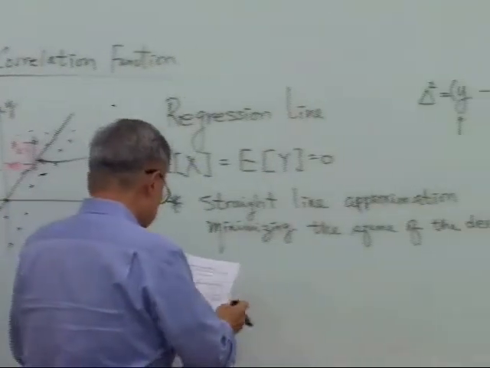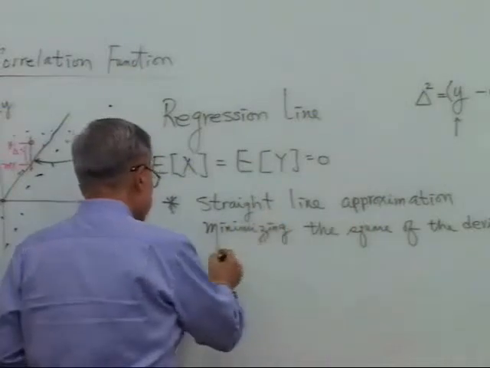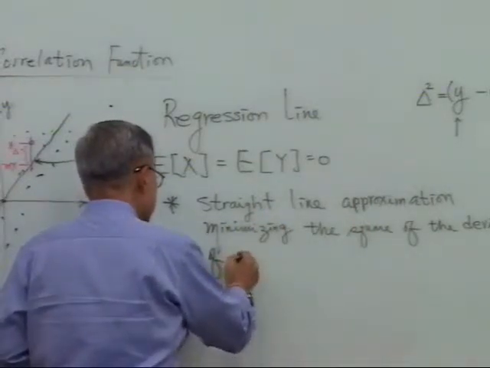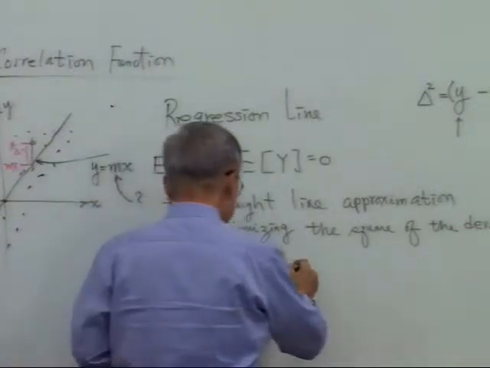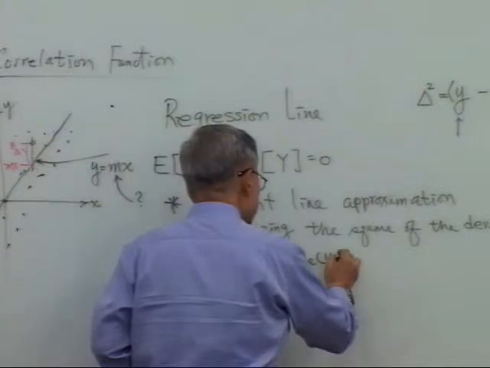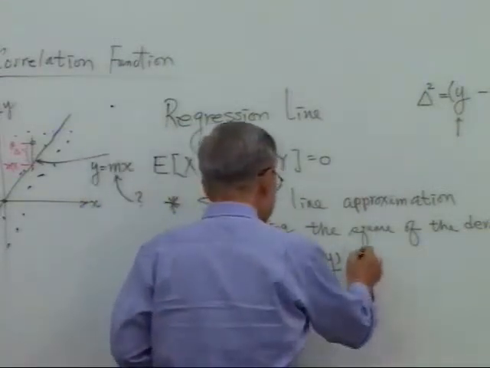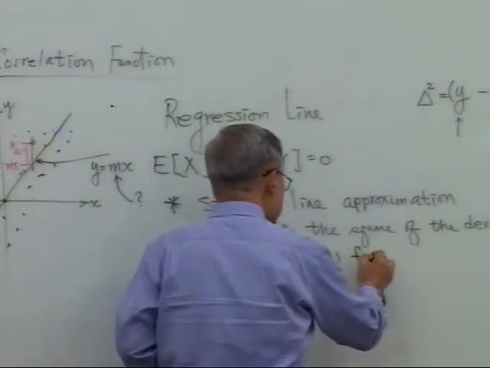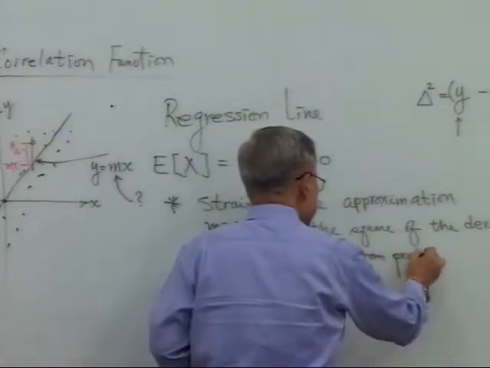And the deviation is the deviation of the actual value, which is really y in this case, from the predicted value.